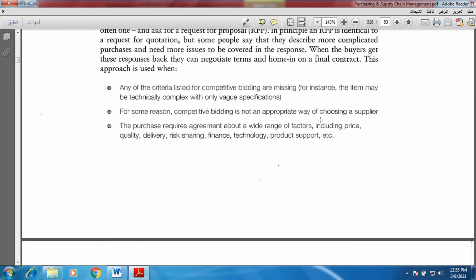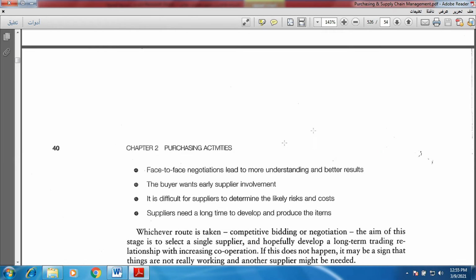Also, think about face-to-face negotiation. It gives deep understanding and better results rather than assessing papers without seeing real parties and negotiating the ideas of the real organizations or people who represent these suppliers.